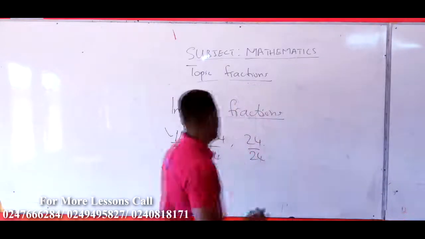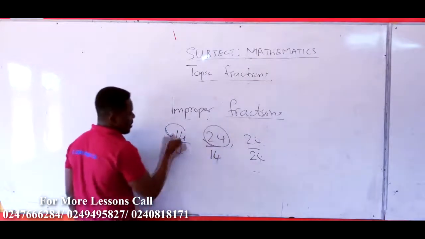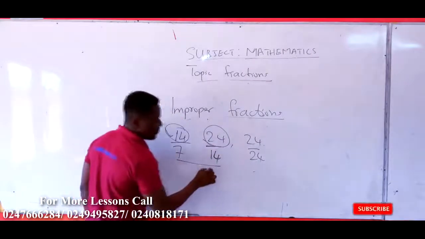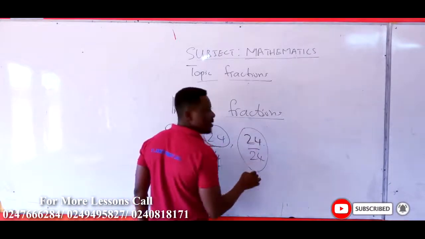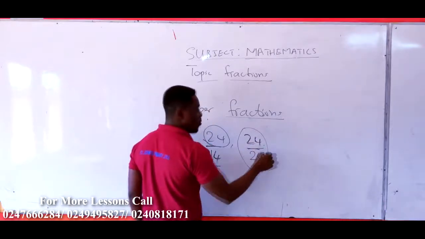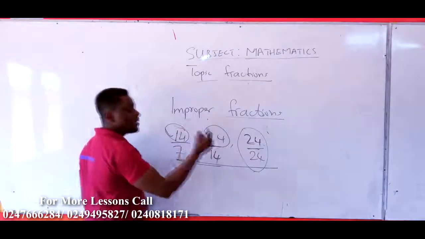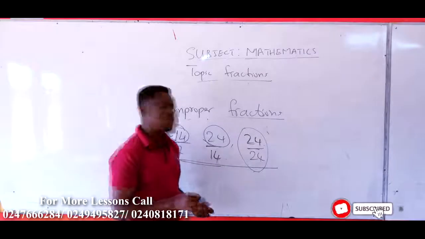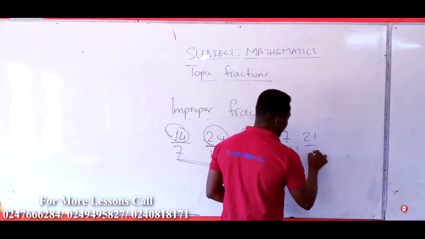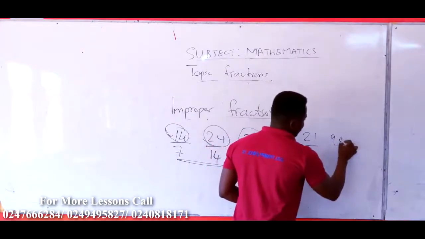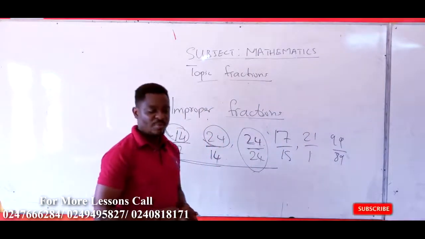Then 24 over 14, all bigger than the denominator. We can also have fractions where the numerator and denominator are equal. So when we say improper fractions, the numerator is either greater than or equal to the denominator. All these examples, 17 over 15, 21 over 1, 99 over 89, are improper fractions.